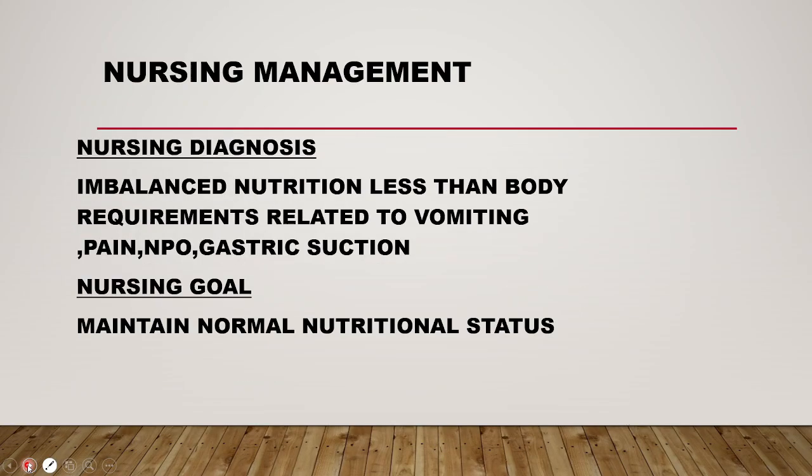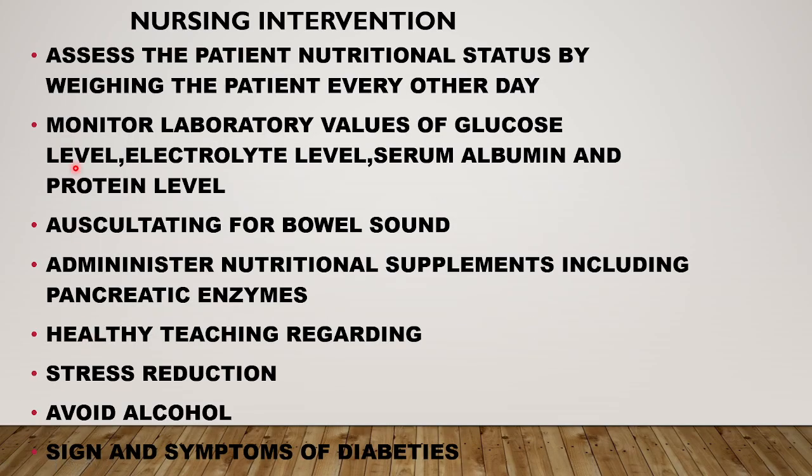Next nursing diagnosis is imbalanced nutrition, less than body requirements, related to vomiting, pain, nothing per oral, and gastric suction. Which will be our nursing goal? Maintain normal nutritional status. Then our nursing interventions will be: assess the patient's nutritional status by weighing the patient every other day.